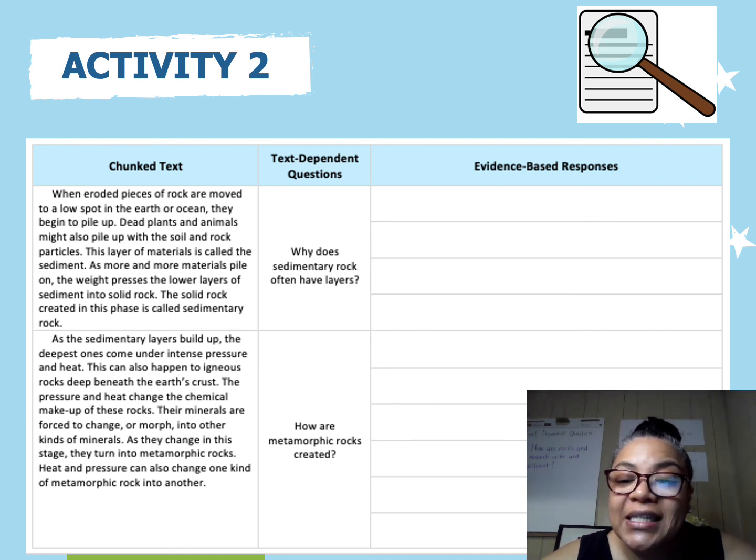Find those 2 questions in your packet. And don't forget, when you write your answers, remember to use your great reader strategy of rereading the text to find evidence for your answers. You got this. You can do it.